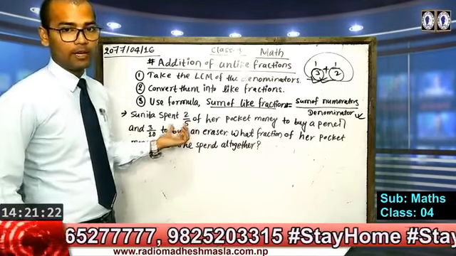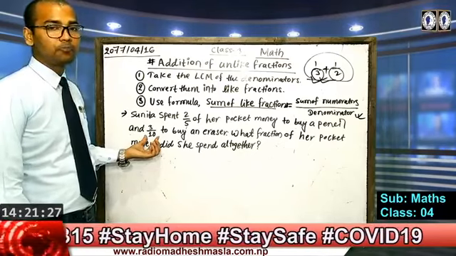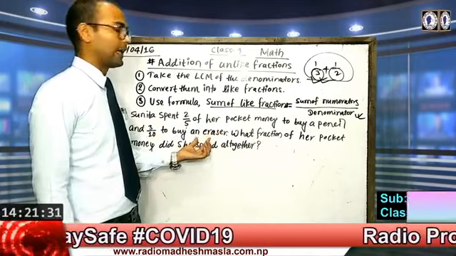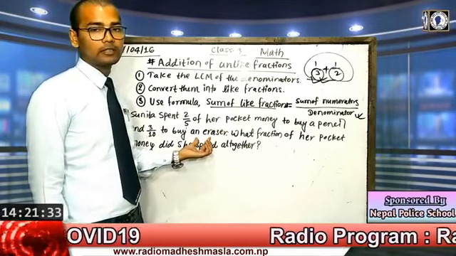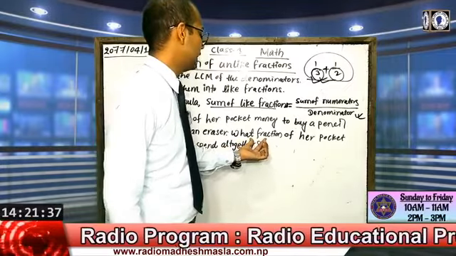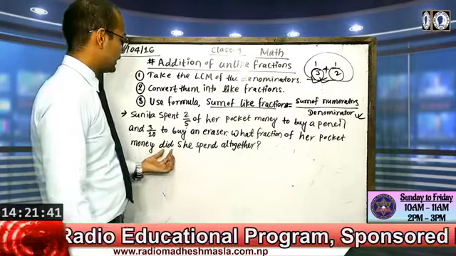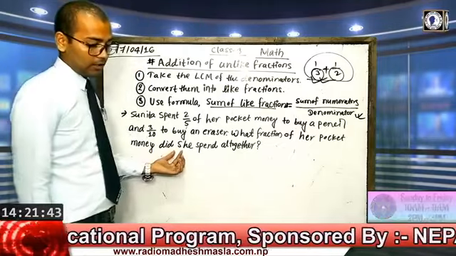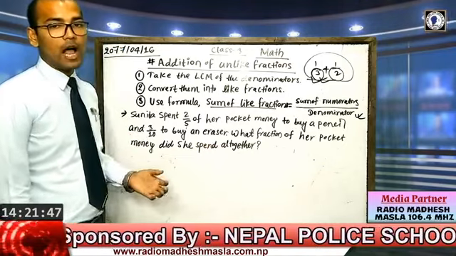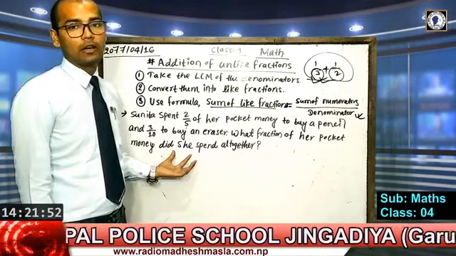In the same way, she spent 3 by 10 part of her pocket money to buy an eraser. Then here we have to find the fraction of her pocket money that she spent altogether. That means how much money she spent altogether as a whole.